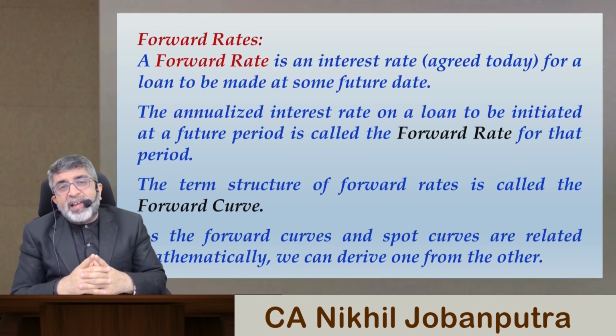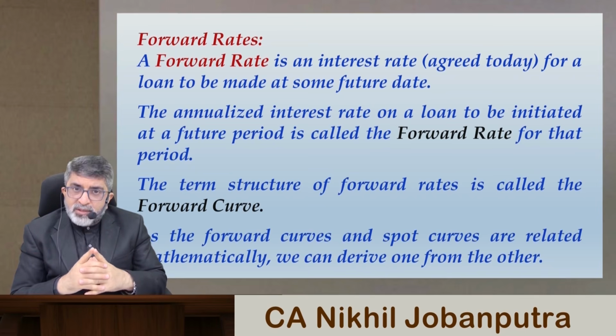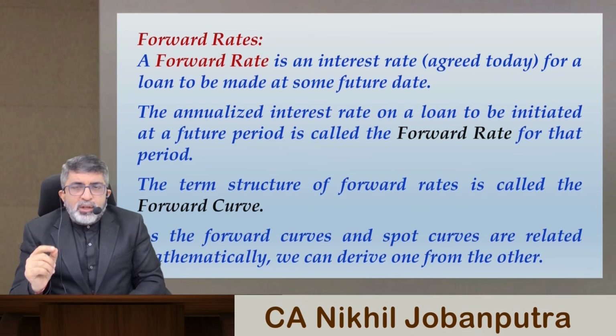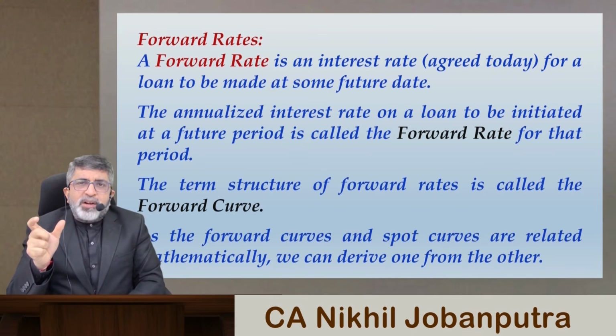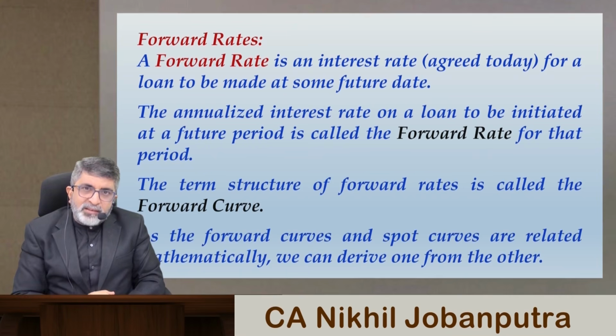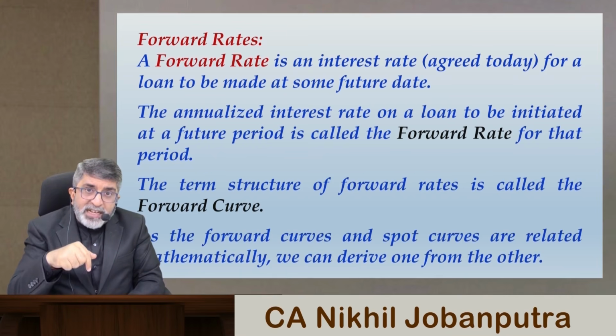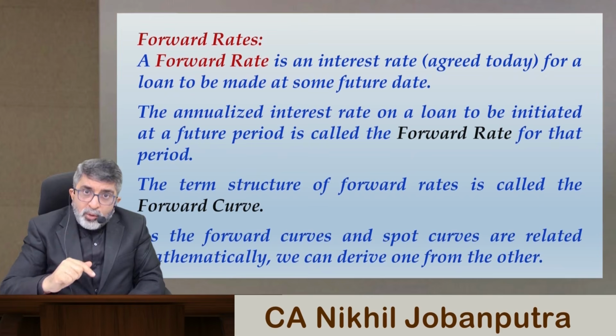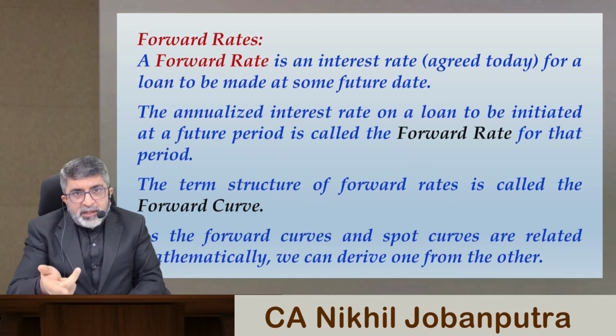But conceptual clarity is of utmost importance, and what I want you to understand over here is, what is the difference between spot rate and forward rate? Suppose you want to borrow or lend money now. You want to borrow now, the applicable rate will be the spot rate. You want to borrow, but at a later stage, the applicable rate will be the forward rate.